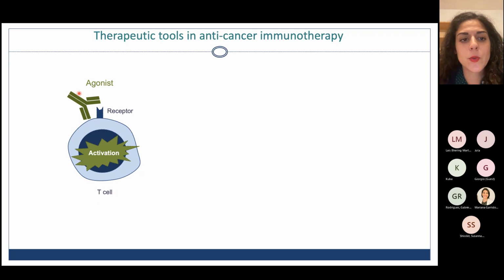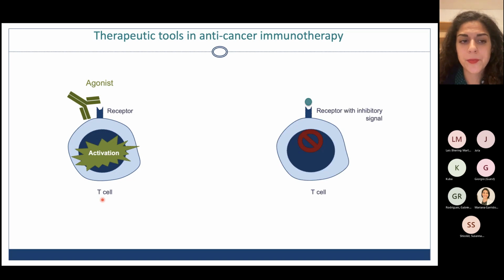So in this case, you will have immunotherapy with agonists that will lead to the activation of the T cells. But on the other side, you also have some molecules that, when they bind to the receptor, will lead to a suppressive effect on the T cells.